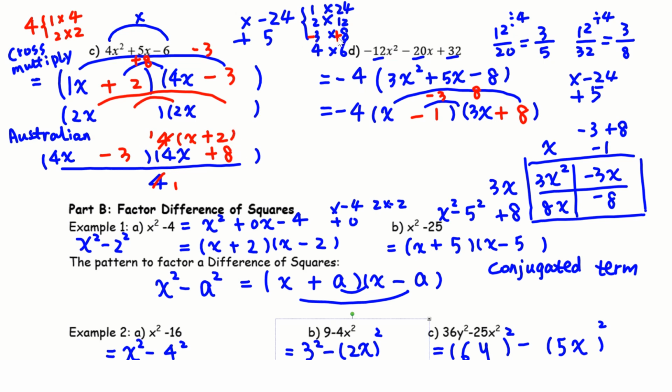The two numbers you found, times together equals a times c, add together is the b value. The two numbers you found will be the cross multiply. Then you need to manipulate. You don't want to see the fractions, so we want to put the two numbers accordingly, then do the calculation.